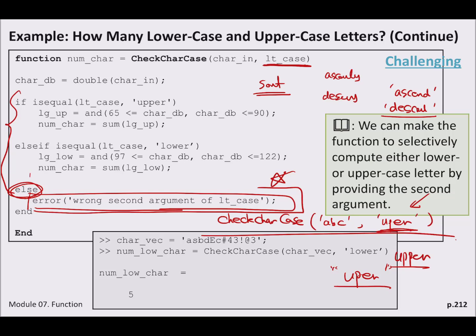We just practice how to arrange them to perform our specific task here. So this is how we use this function. We define the capital character vector and the second argument, and then this one computes the number of lowercase letters. Okay, good.